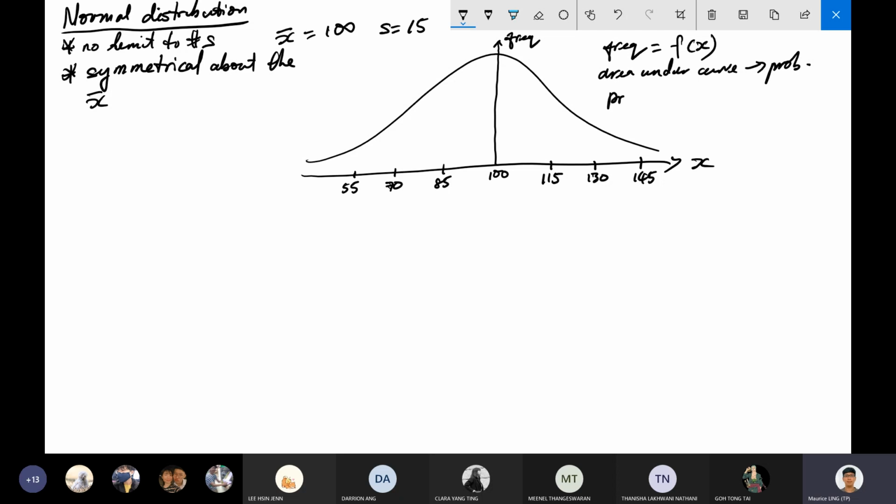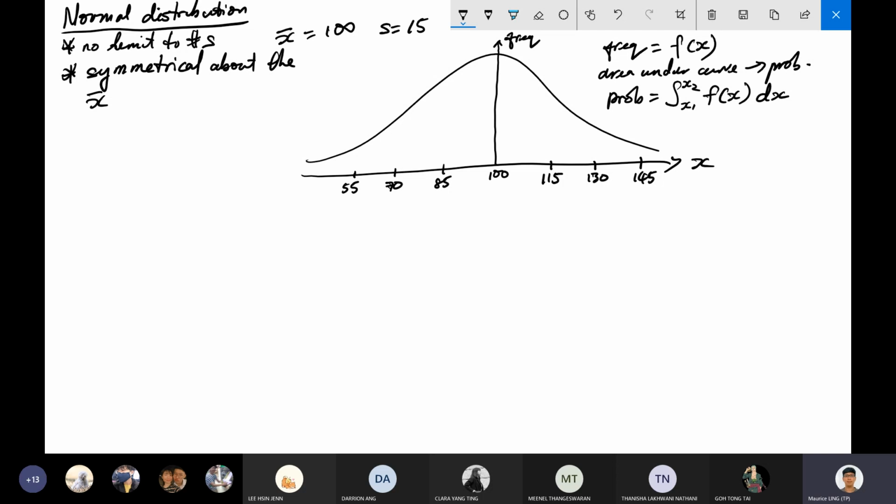In order to find the probability, we integrate the function from x1 to x2. So you just need to know that the area under the curve you can integrate.